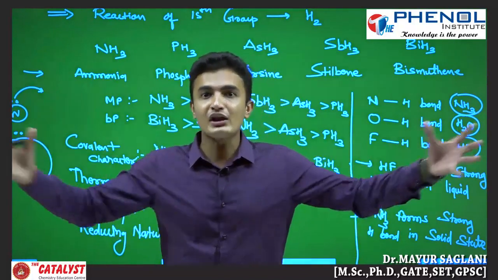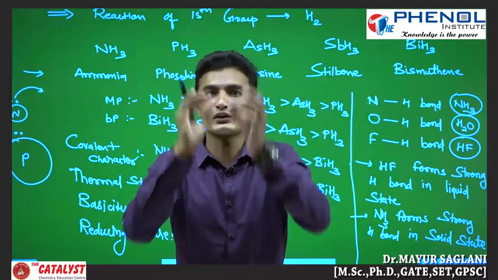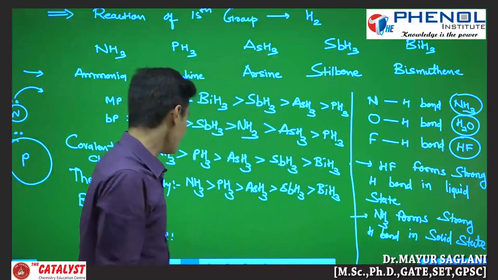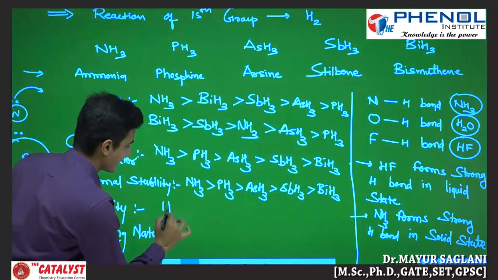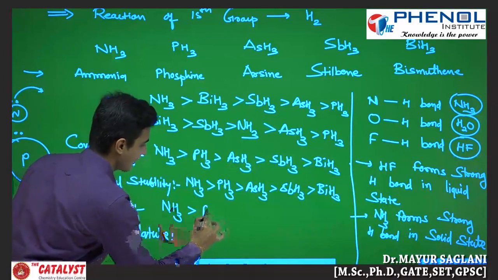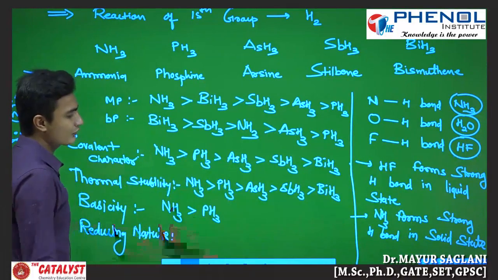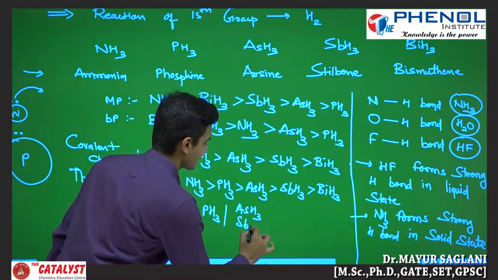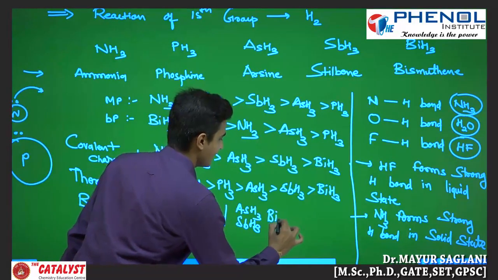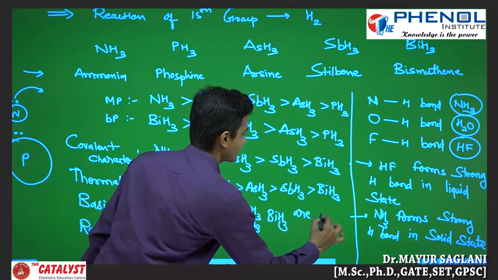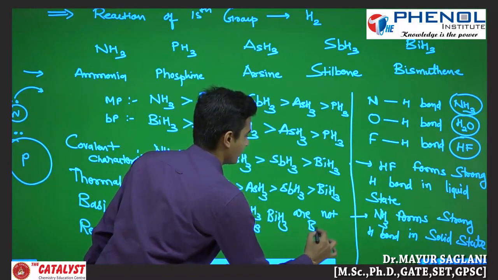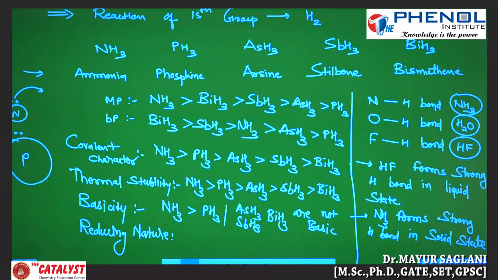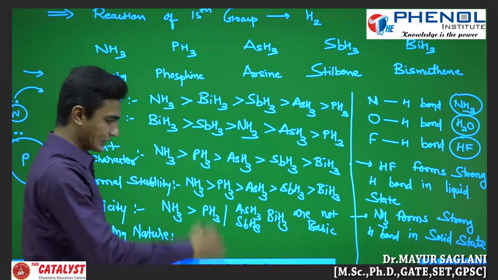Okay. With a larger volume, there are only 2 tiny electrons. They couldn't be donated. Fine. That's why for basicity we can write NH3 is greater than PH3, and AsH3, SbH3 and BiH3 are not basic. Are we clear?